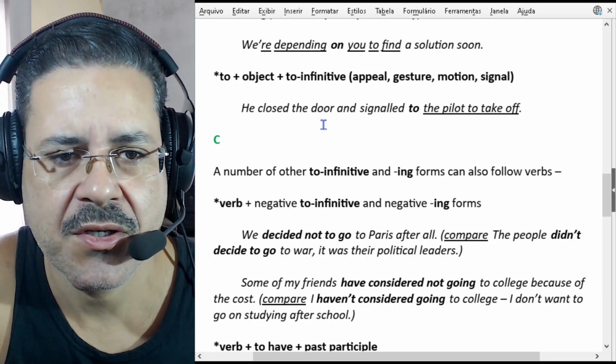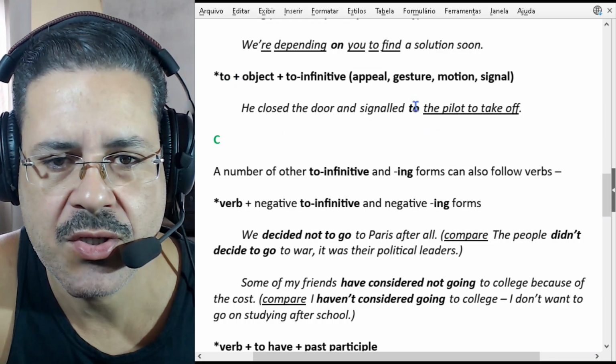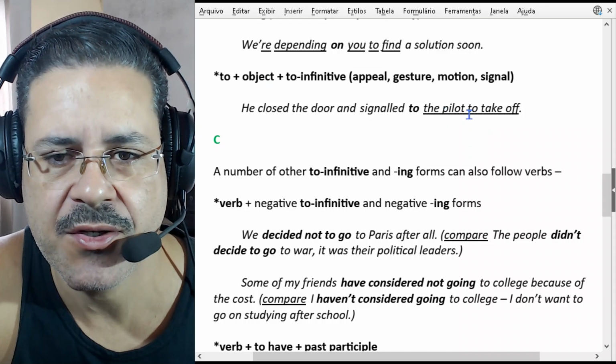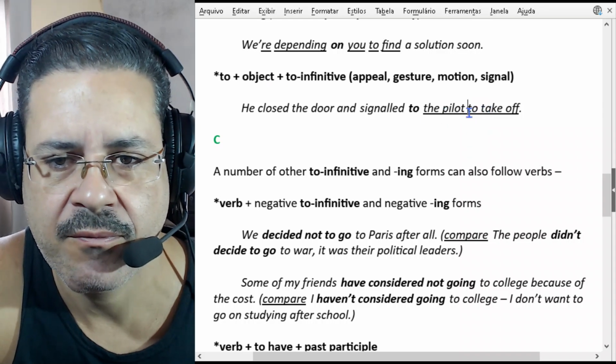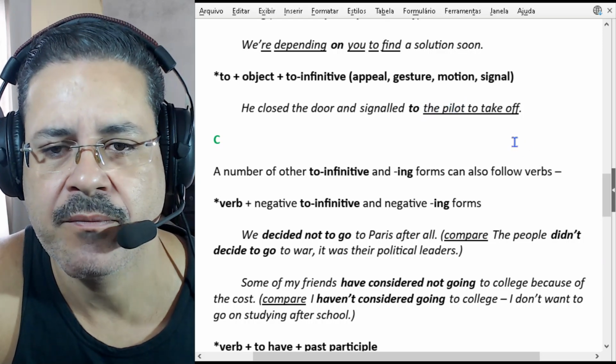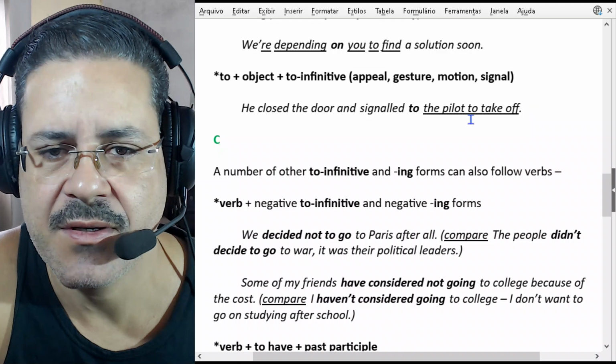So we've got here, he closed the door and signaled to plus object, the pilot, plus to infinitive, to take off. This is the object. He signaled to the pilot to take off. This is the infinitive.